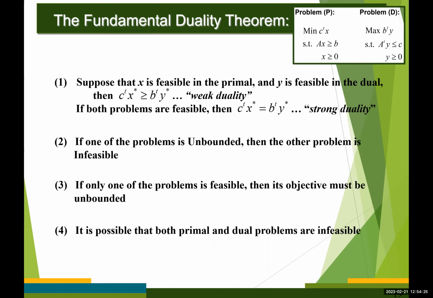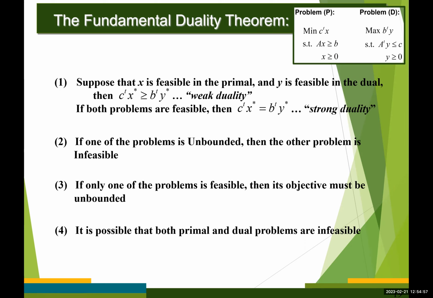And furthermore, a strong duality property also states that the optimal values of the primal and dual LPs in the symmetric primal dual pairs are always equal to each other. So the window glass problem would be a good example of the strong duality.